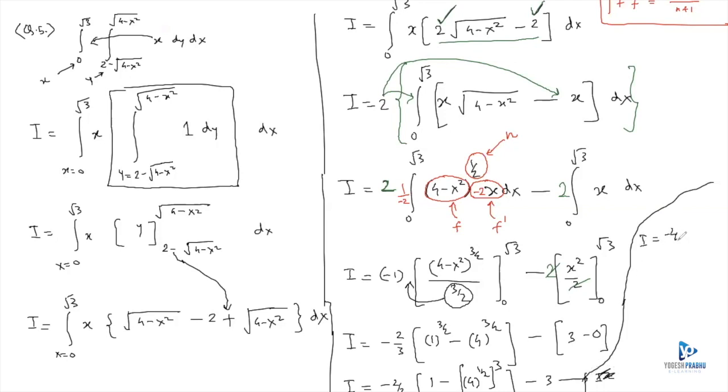I is negative 2 over 3 times 1 minus 8. 4 to the half is 2, right? So 2 to 3 is 8, and you get this as 1 minus 8. And this side is going to be negative 3. Is that correct? So you get I equals.